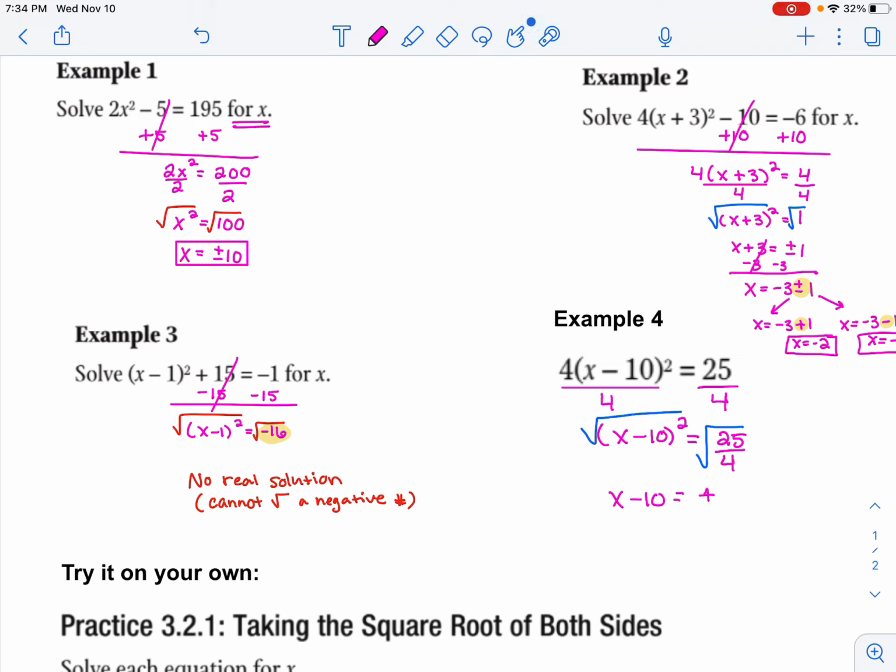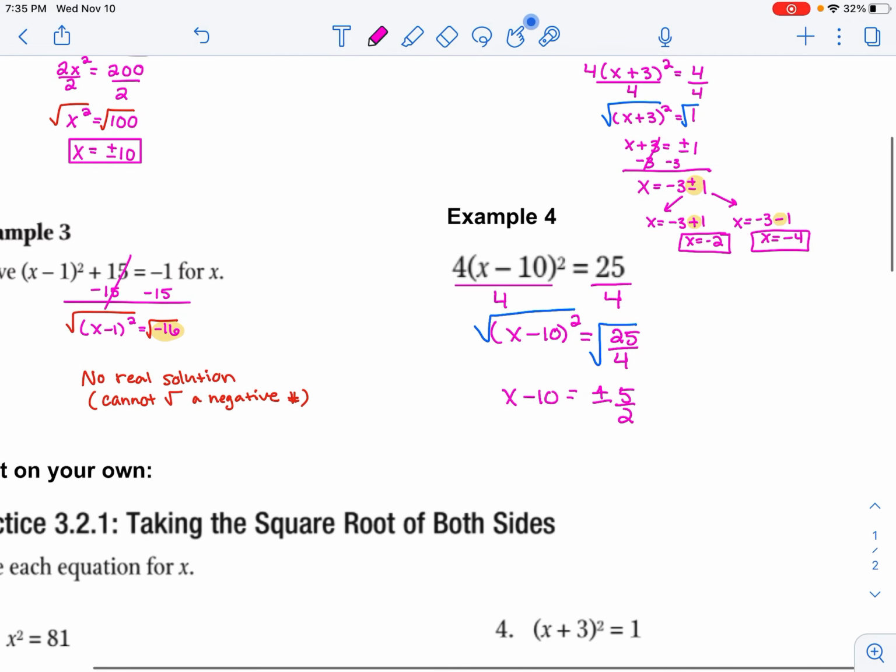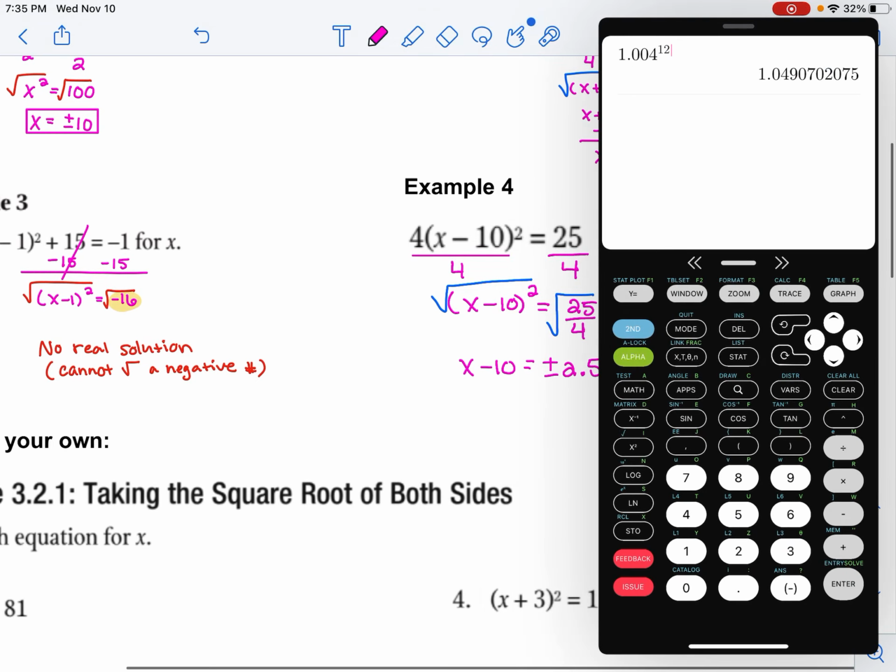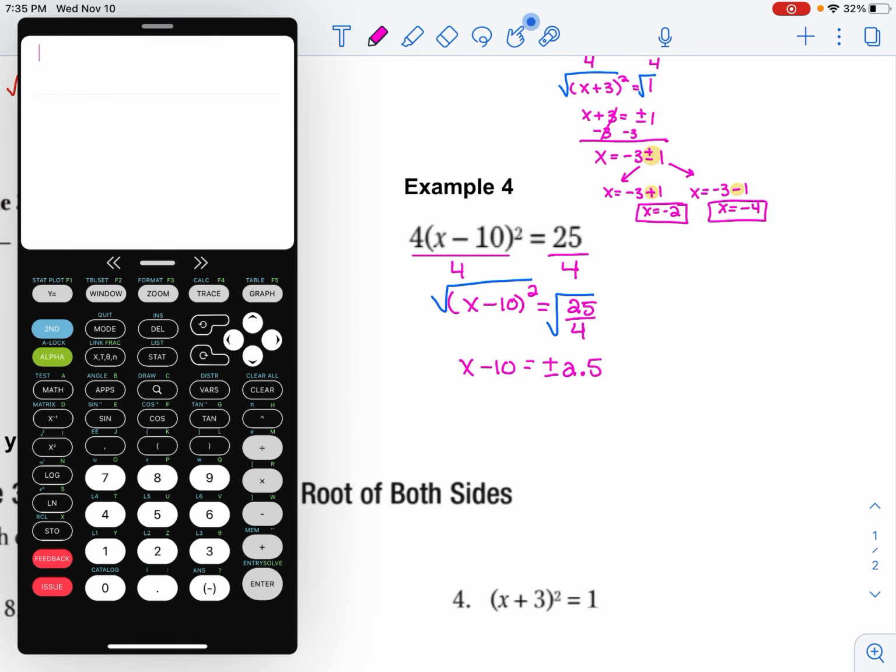So this would be plus or minus 5/2. And we can just make that a decimal. So I can just say this is plus or minus 2.5. Remember, I could put this in the calculator and say the square root of 25 divided by 4, and it tells me 2.5.